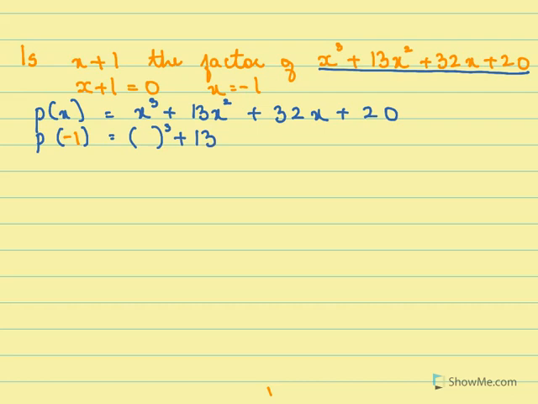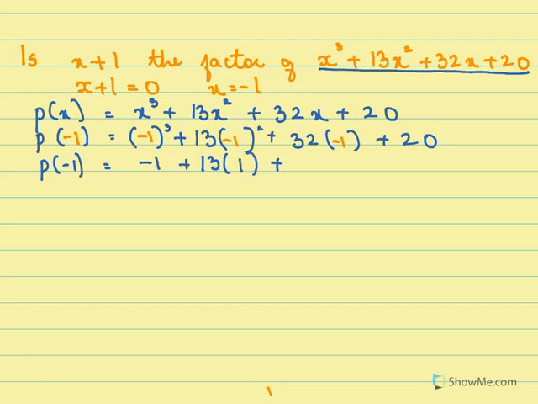which is equal to x cubed plus 13x squared plus 32x plus 20. So x is minus 1 here. So we have now p of minus 1. Minus 1 cube will be minus 1. This is plus 13. Minus 1 into minus 1 is plus 1.